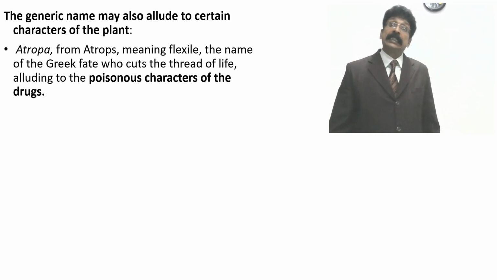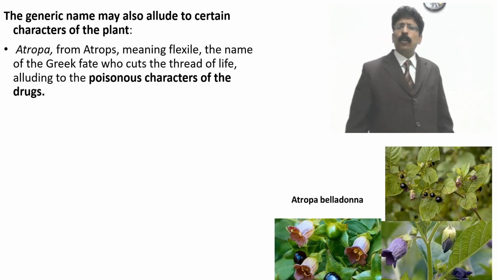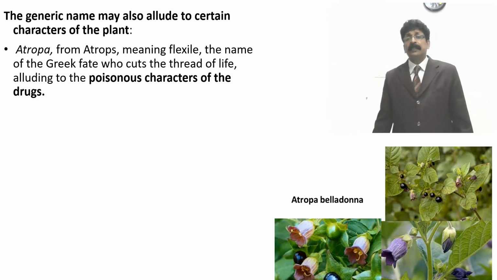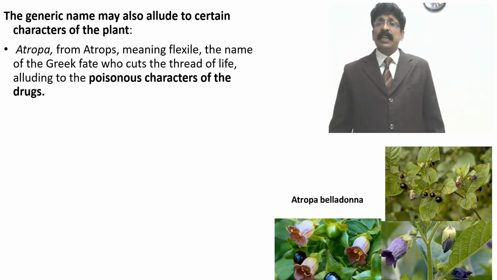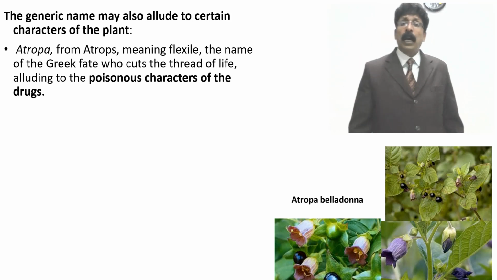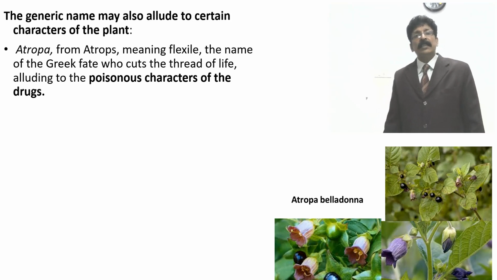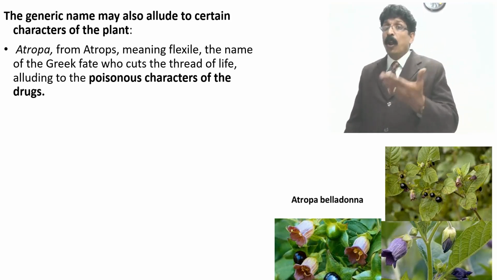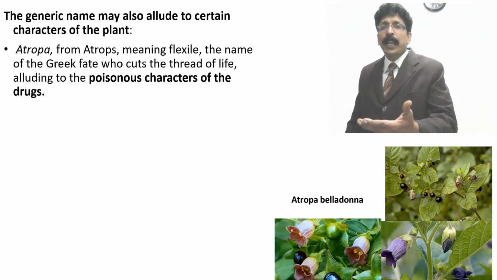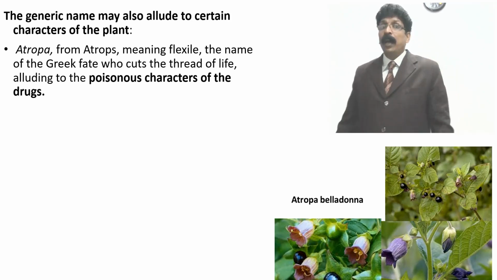This is Atropa belladonna. We have seen this picture already. The juice taken from the berry of Atropa belladonna was used by Egyptian ladies for dilating the pupil. So it was called belladonna, meaning beautiful lady. But Atropa, the genus name, also has some importance.